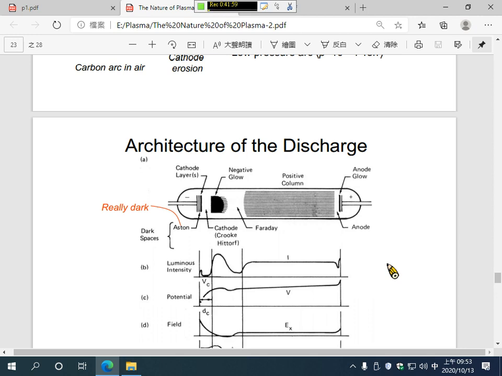So again, it is caused by the recombination of electrons and the cation. Okay, a thin anode glow region.